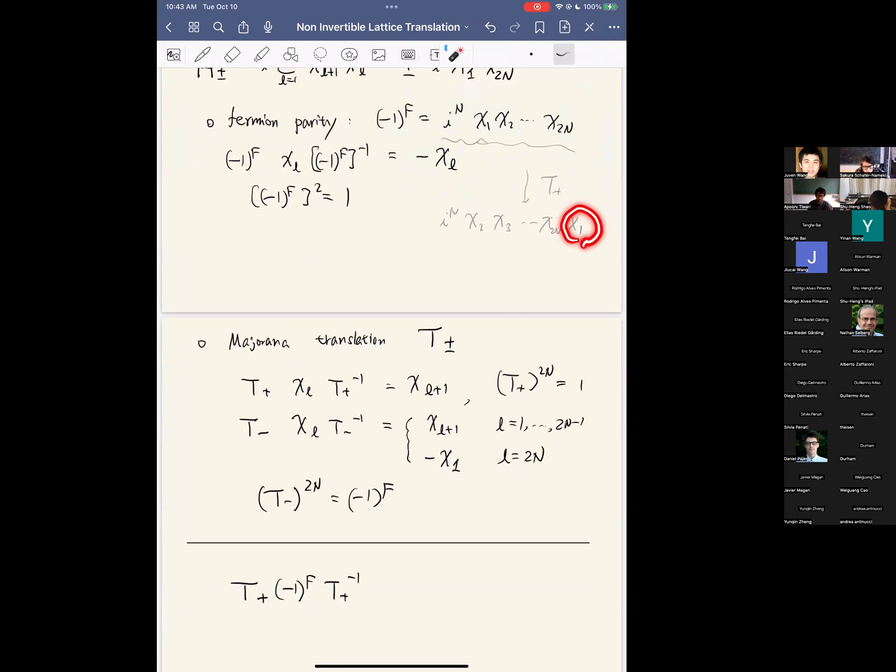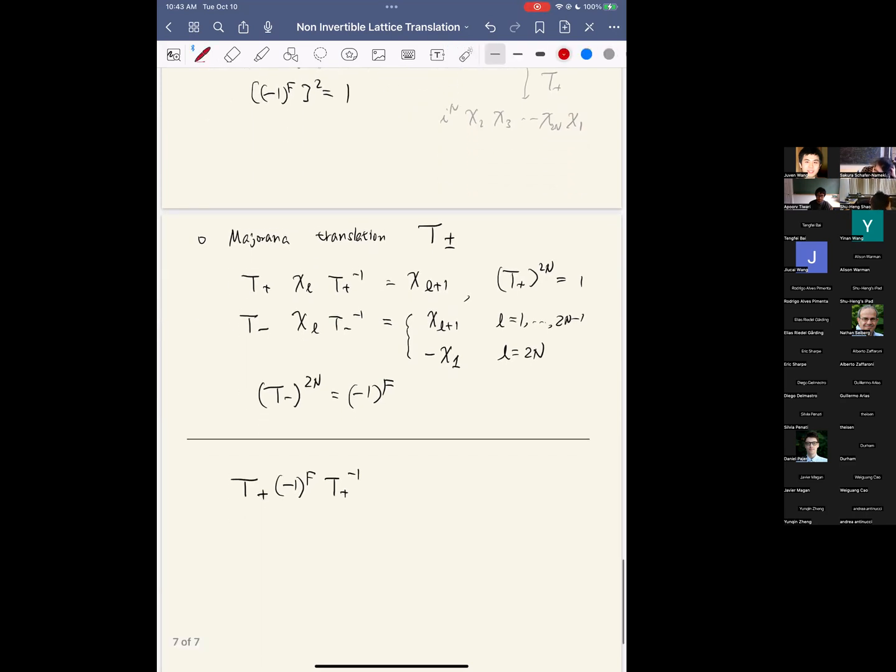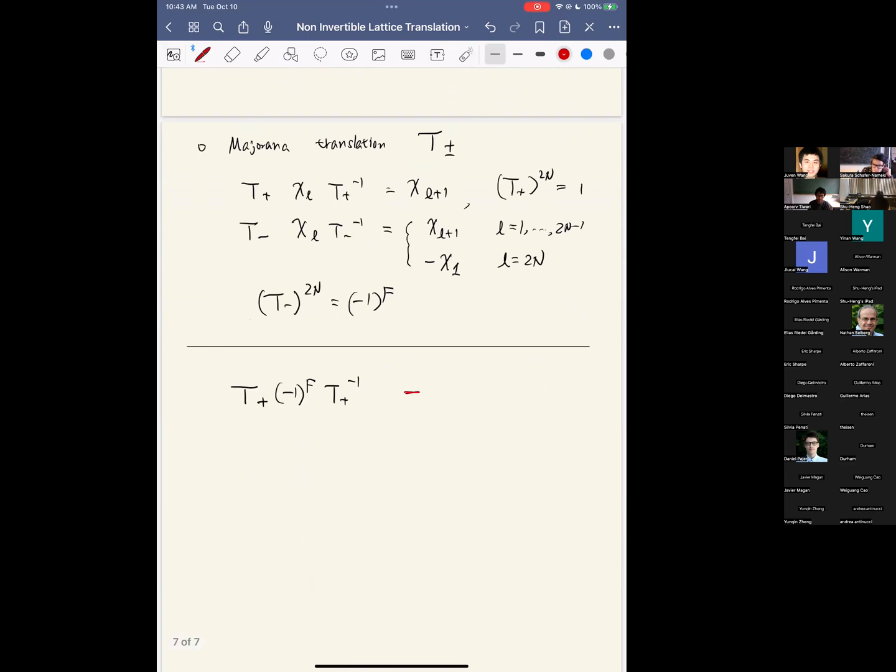So you have to bring the very last guy, the chi1, all the way to the beginning. I have even number of fermions here. So excluding chi1, I have odd numbers of them in the way. So as I bring chi1 all the way to the beginning, I get a very important minus sign. If there is a single most important minus sign in the whole talk, that's going to be this one.